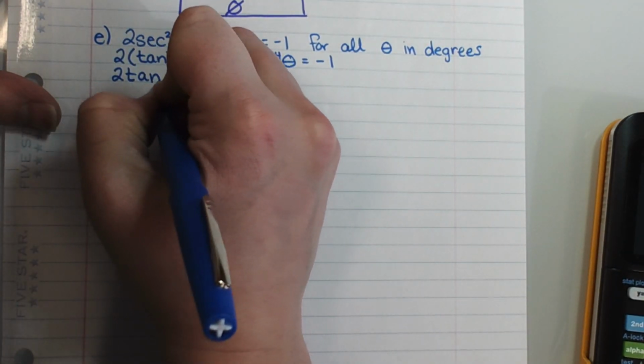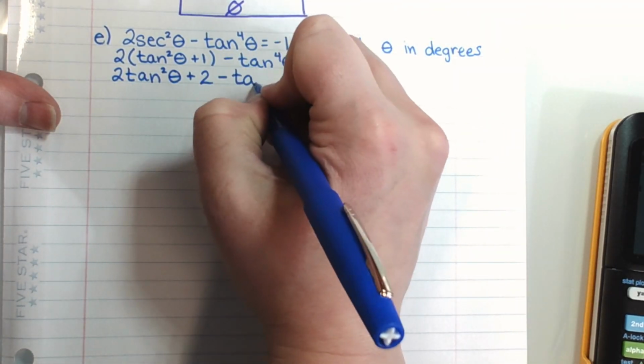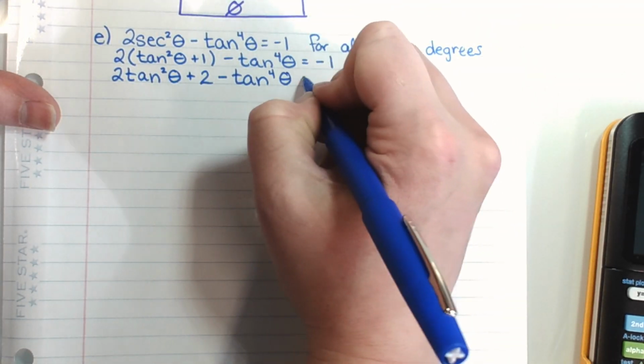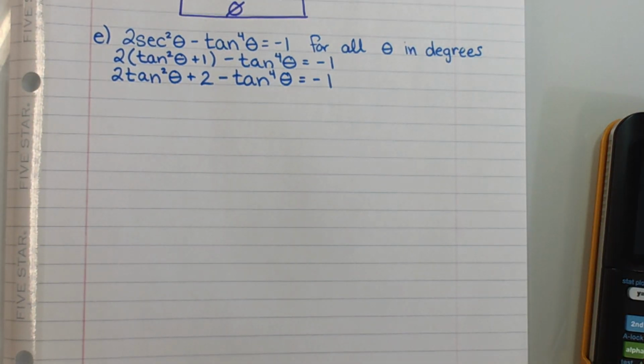By probably, I mean I'm going to distribute. Now it's at least all tangents. But what the heck are we supposed to do with this?